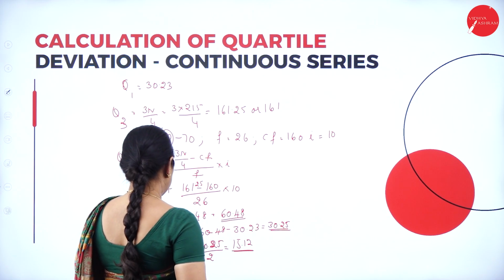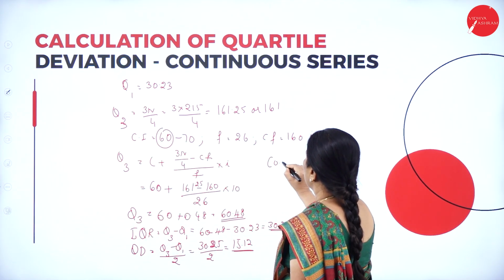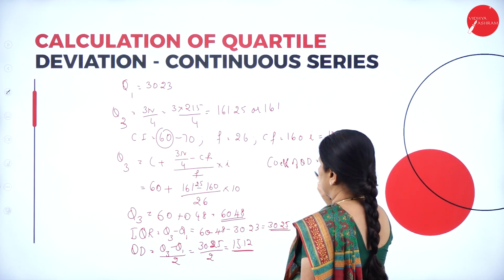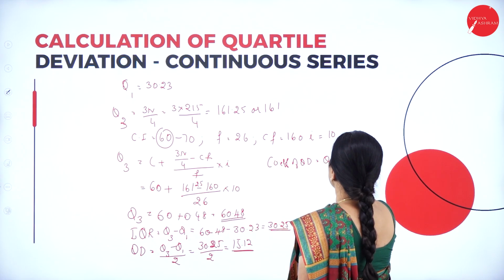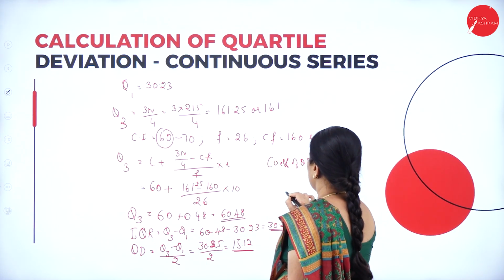Next will be the coefficient of QD. Coefficient of QD equals Q3 minus Q1 by Q3 plus Q1.